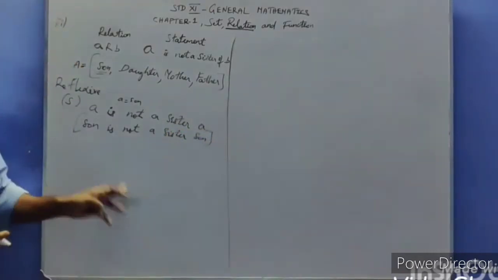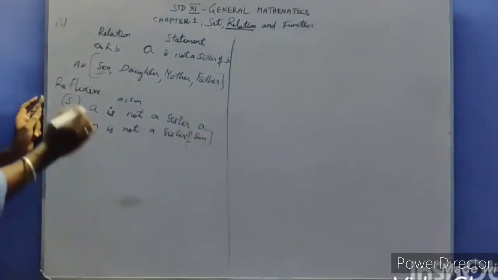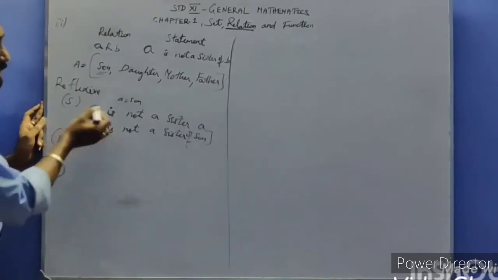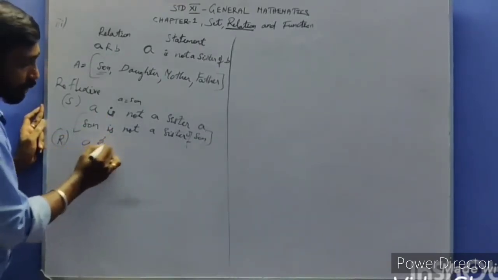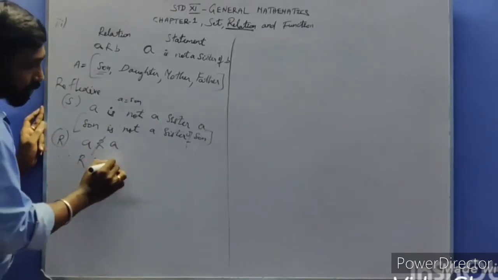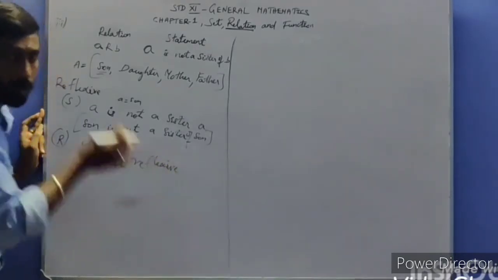It is impossible. So A is not related to A. Therefore R is not reflexive.